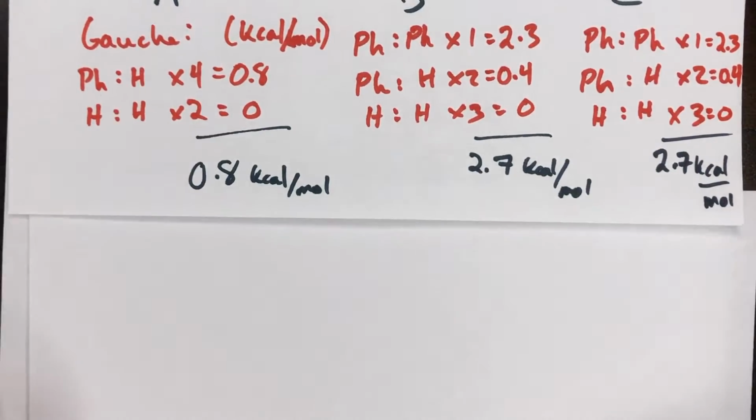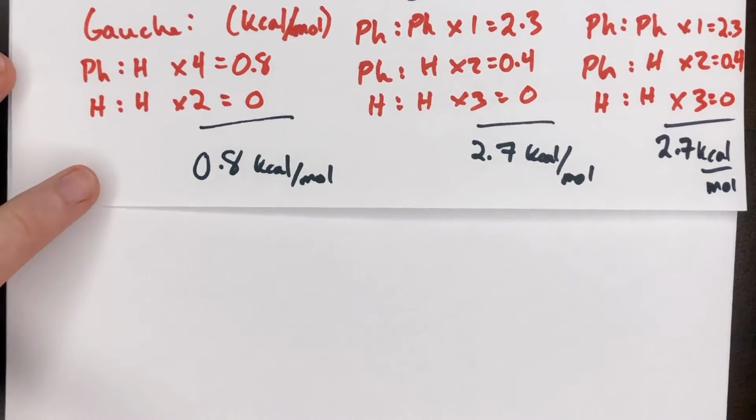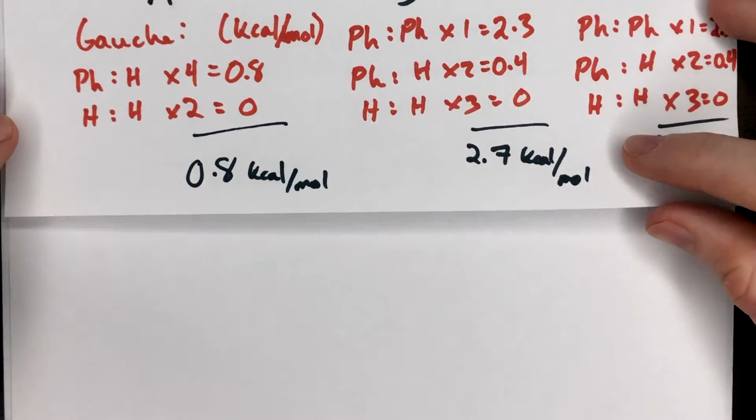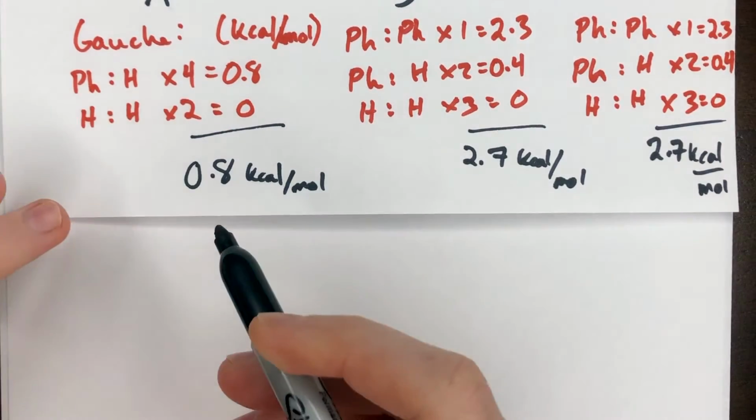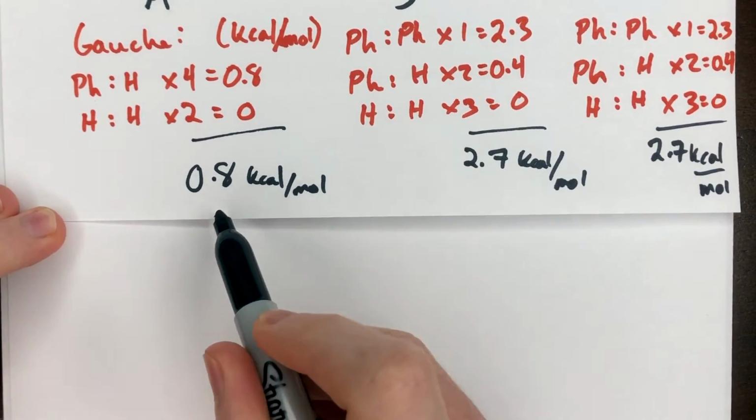So to calculate the differences in energy, all you do is subtract the lower energy from the higher energy. So we know that A has less destabilizing energy.